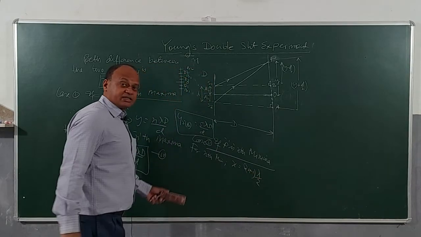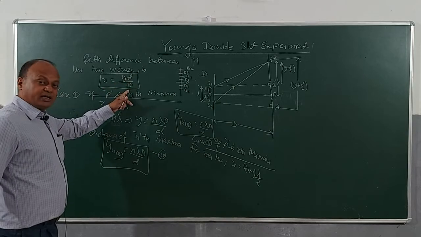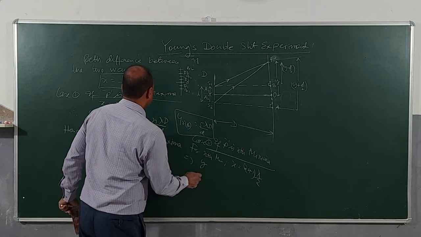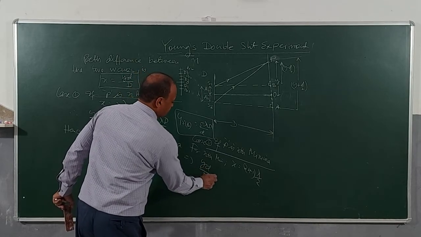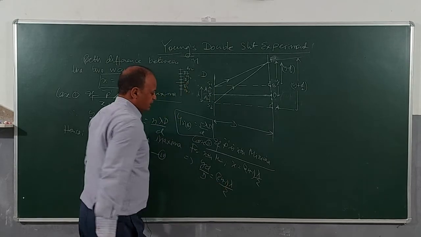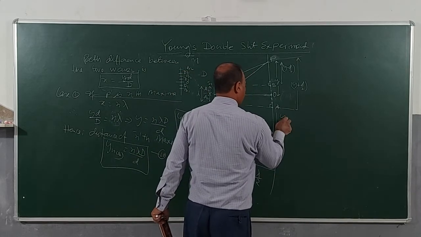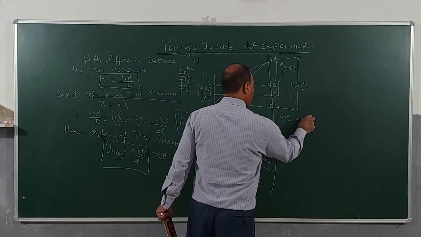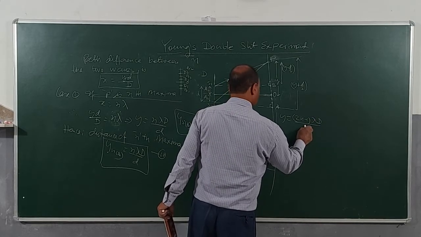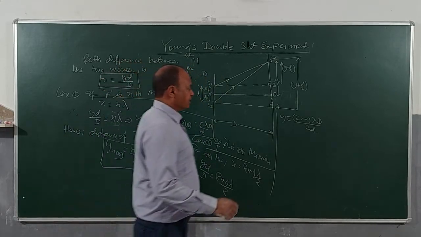We derived and discussed this earlier extensively, and we already know that the path difference is y small d by capital D. So I will equate y small d by capital D is equal to (2n minus 1) lambda by 2. If you cross multiply and solve it, children, how much do you get? y is equal to (2n minus 1) lambda capital D by 2d.